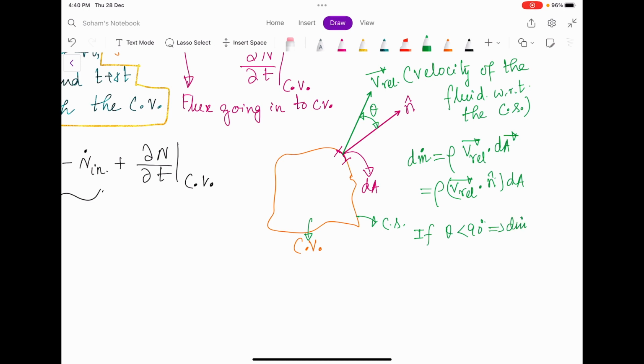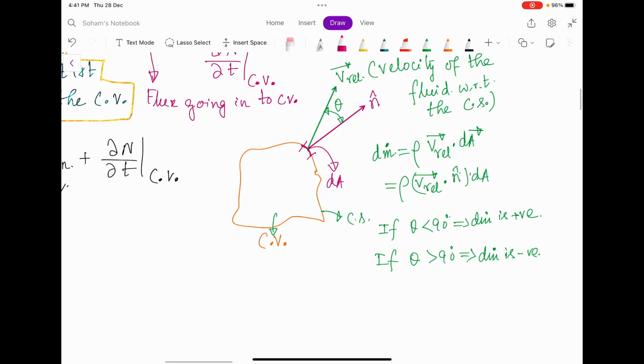If theta is greater than 90 degrees, that is, the velocity and the area normal are in opposite directions, then the flux is inward, that is, a negative sign. So this v dot n term takes care of the sign.